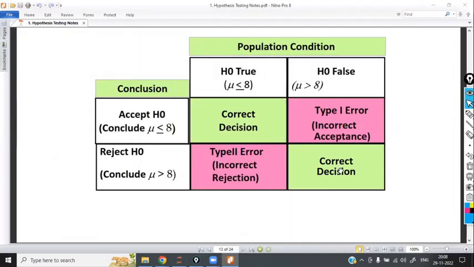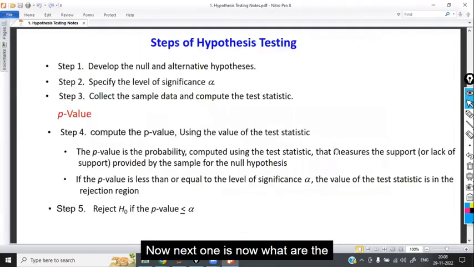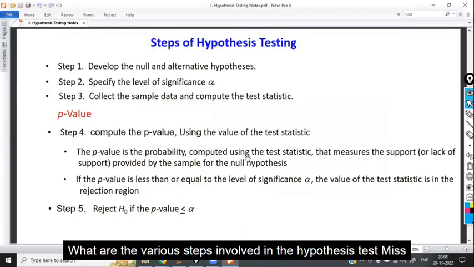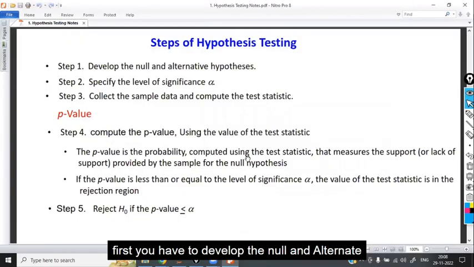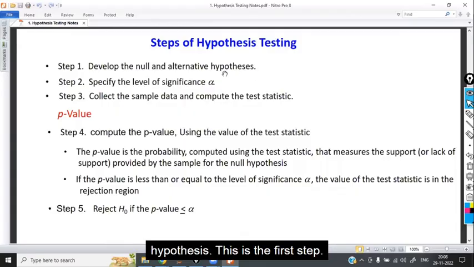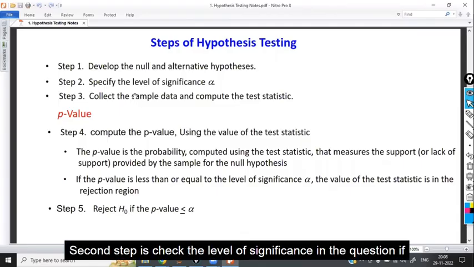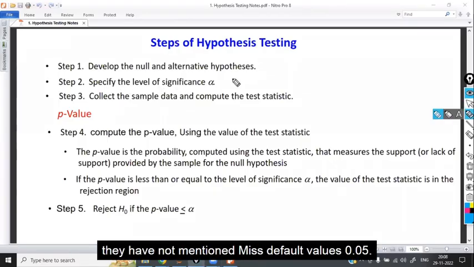Now, next: what are the steps involved in hypothesis testing? First, you have to develop the null and alternate hypothesis. This is the first step. Second step is to check the level of significance in the question. If they have mentioned it, you select whatever is mentioned.